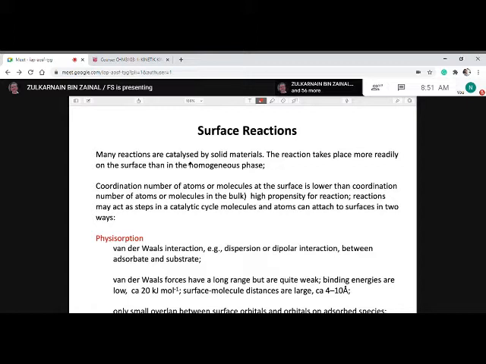Of course, because this is surface reaction, and the reaction will involve the adsorption process. In fact, the adsorption process itself can be considered as a surface reaction.